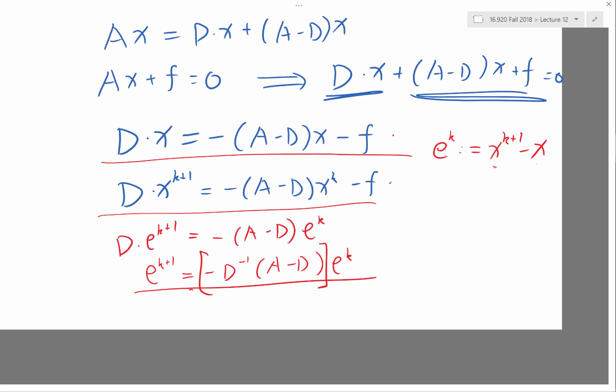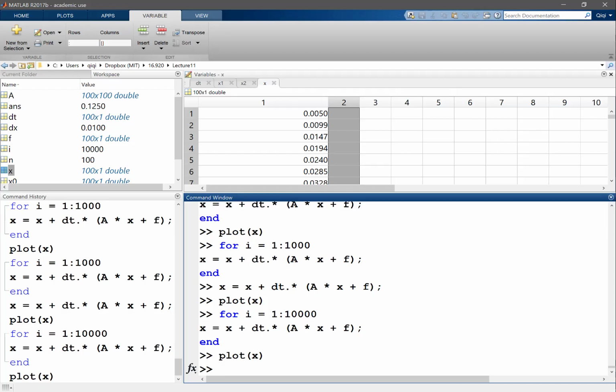Okay, now let's actually just compute what that matrix is and look at its eigenvalues to see how it converges. So let's say d equals diag of a.